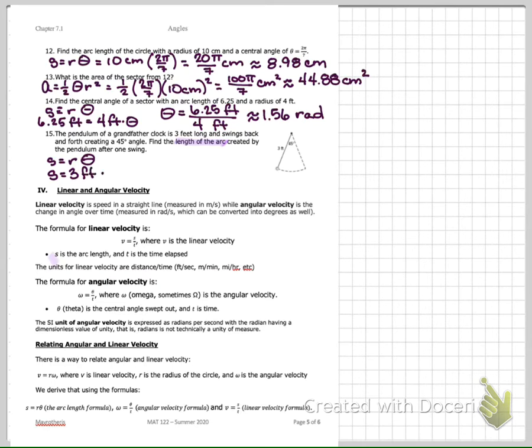And we've got a 45-degree angle. With all these formulas, we've got to plug these in radians and not degrees. So we need to convert that 45 degrees to radians.